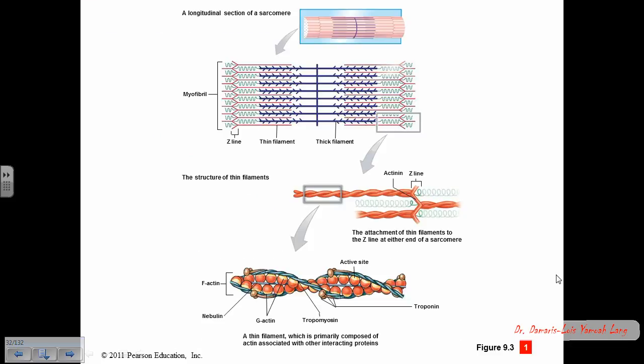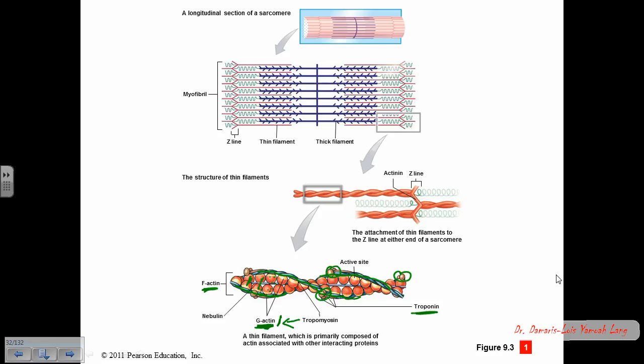So let's look at it closely. These are what? Tropomyosin. Okay? While these are what? Troponin. Are you all getting this? Okay? And these are the F actin, and then the G actin are the ones that the tropomyosin is covering. These are the actin molecules. The tropomyosin is covering the G actin ones. Are you with me?